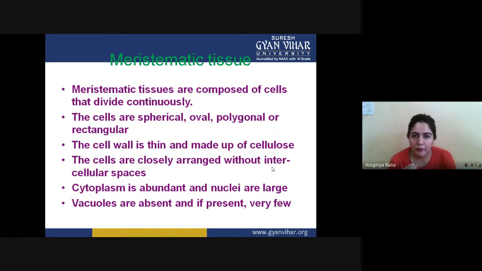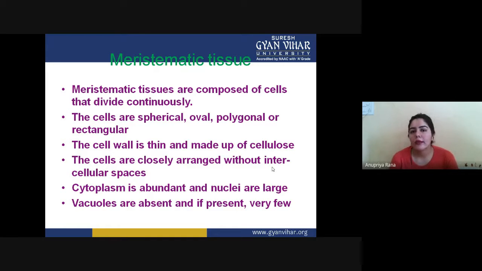If the cell has a thick cell wall inside it, the complexity will increase for the cytokinesis process. So that's why, since the main core function of the meristematic tissue is just to perform cell division, they need a cell wall which is thin and easily breakable into two components.